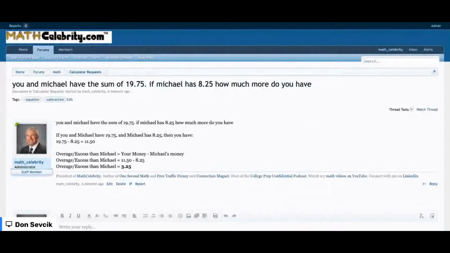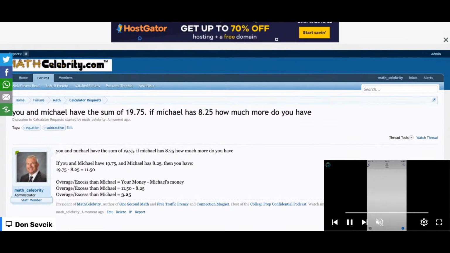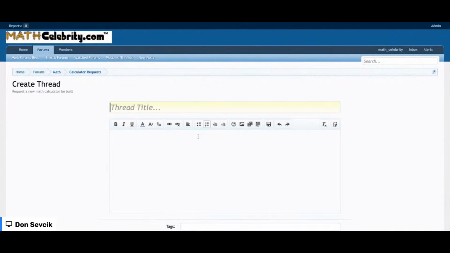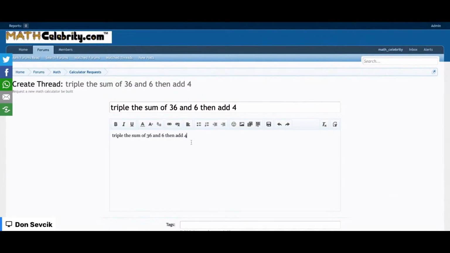Let's move on. Triple the sum of 36 and 6, add 4. Okay. This one is an algebraic expression. So let's take it in parts. The sum of 36 and 6, 36 plus 6.